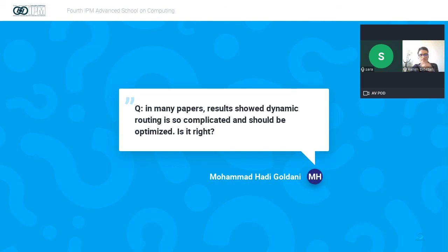And then the next question is by Mohammed. He asked: in many papers, results show dynamic routing is so complicated and should be optimized. Is that right? So what happens in practice is that dynamic routing is memory inefficient.